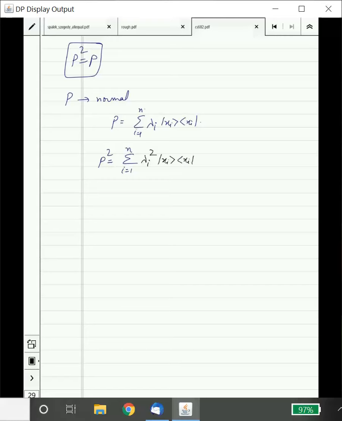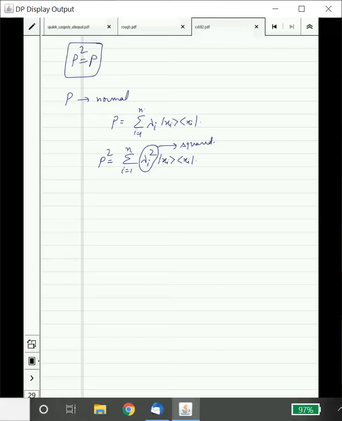Another way to say it is, we have talked about operator functions, where whenever you apply an operator on a normal matrix, the same operator is applied to every eigenvalue. Squaring is an operator. When I apply the squaring operator on P, all my eigenvalues should be squared. So it's easy to convince you that P square is this formula.